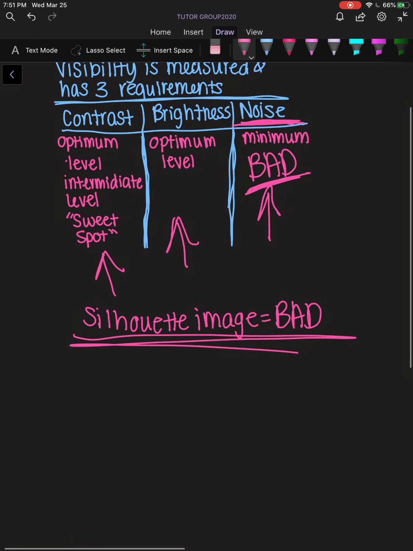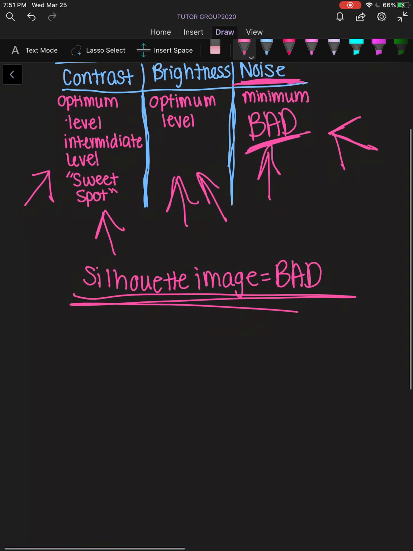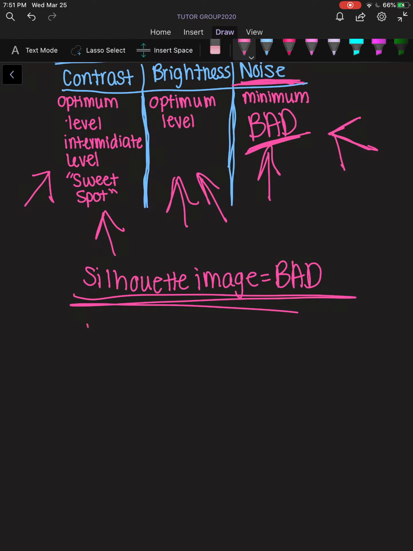Now, a good image that has an optimum level of contrast, an optimum level of brightness, and minimum noise is considered a diagnostic image, which is good.